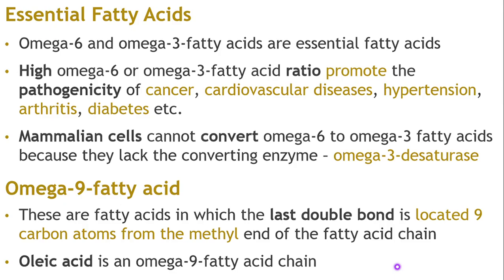Now, omega-6 and omega-3 fatty acids are essential fatty acids. A high omega-6 to omega-3 ratio promotes the pathogenicity of cancer, cardiovascular diseases, hypertension, arthritis, and what they are trying to tell you is that if you have a higher ratio of omega-6 to omega-3, then there is a higher risk of you getting cancer, or you'll be prone to cardiovascular diseases, hypertension, arthritis, or even diabetes.